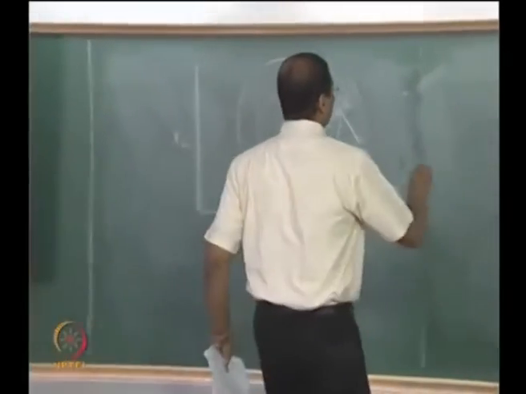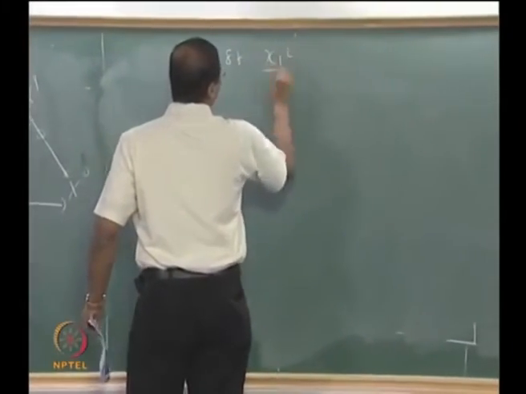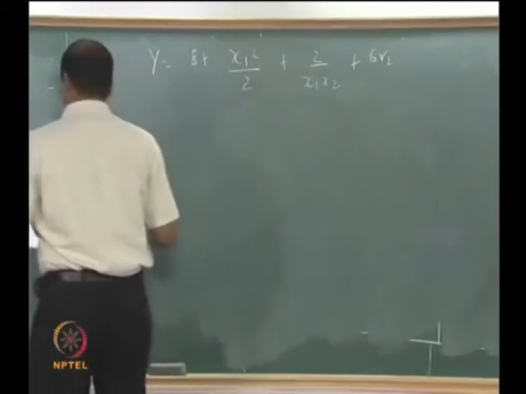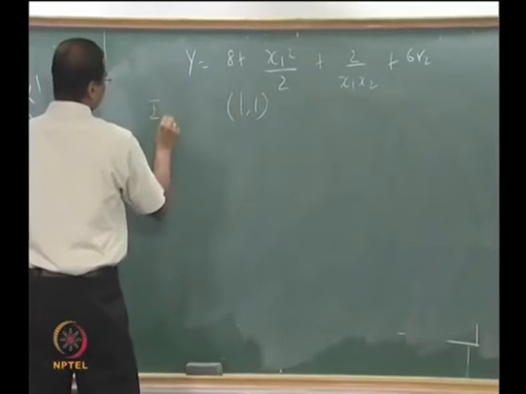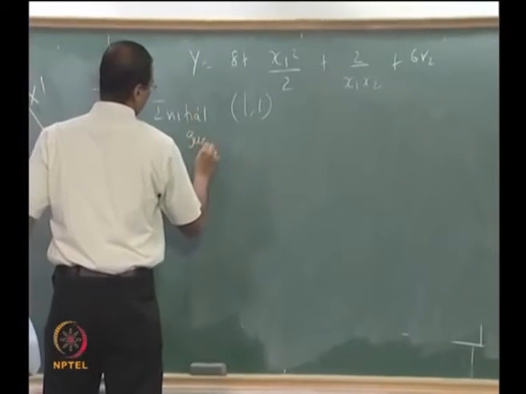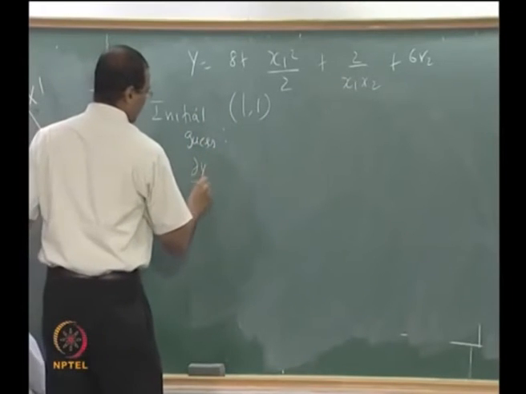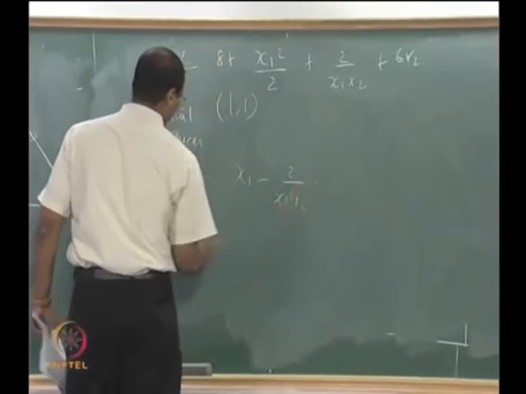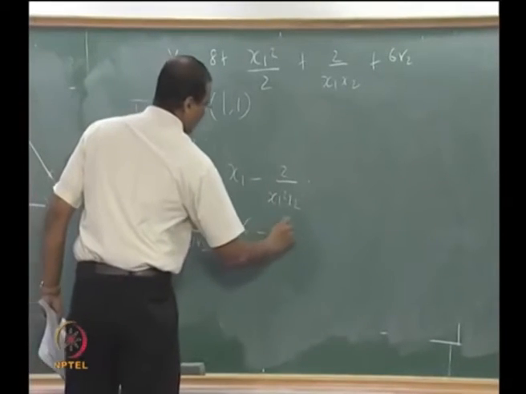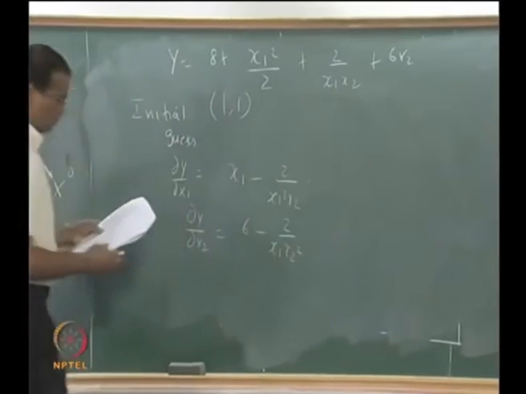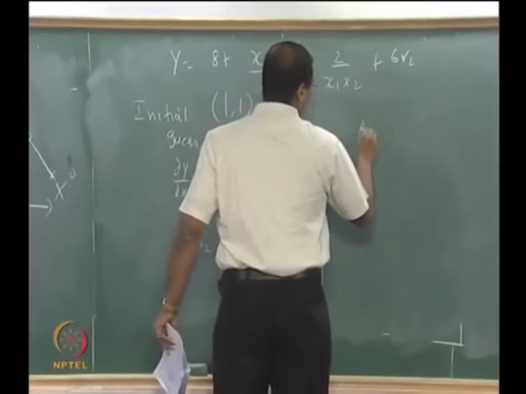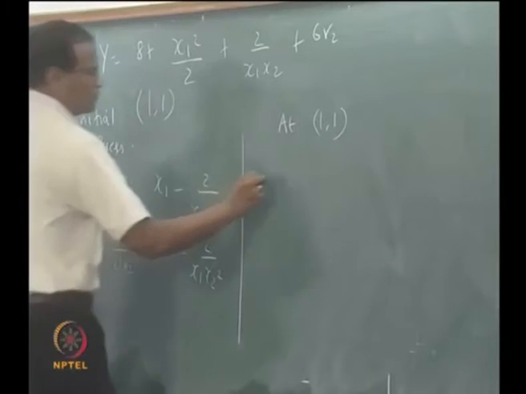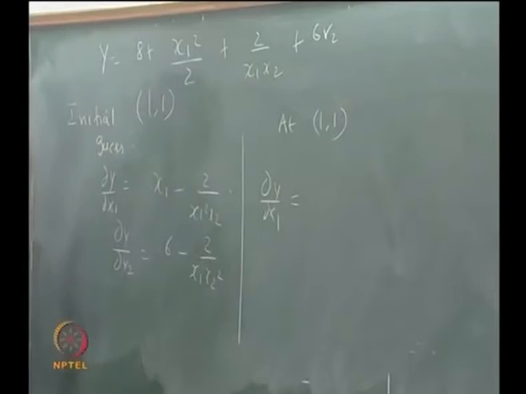Okay, now, at (1, 1), what is the value of dou y by dou x1? Minus 1.